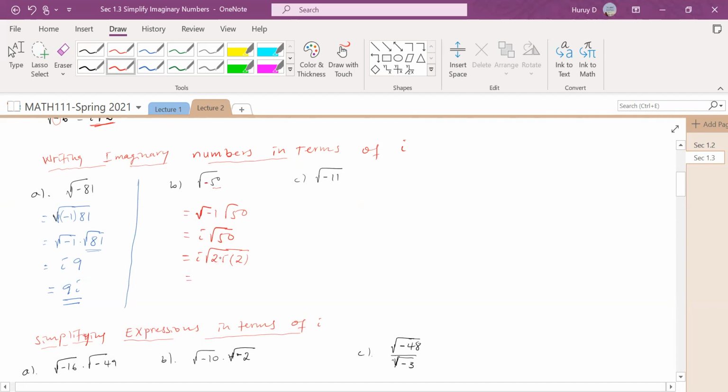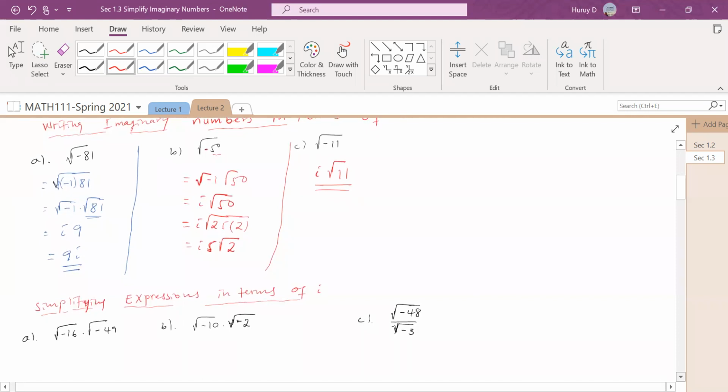So you will have i times 5 square root of 2, because the square root of 25 is 5. And then here, square root of negative 11 is just i square root of 11. 11 is not a perfect square.